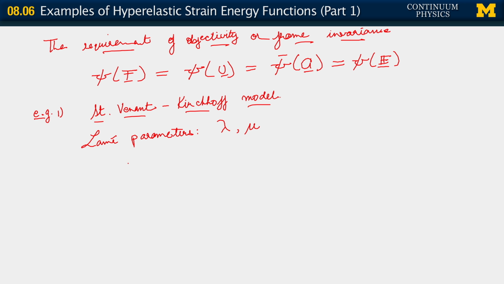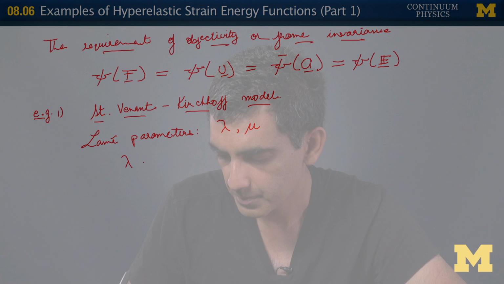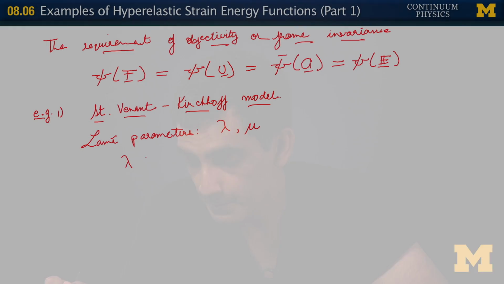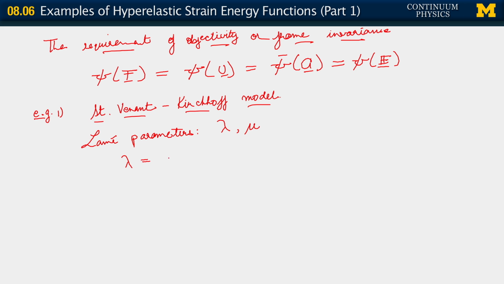Both these parameters can be rewritten in terms of elastic constants that are more familiar from the study of linear elasticity, elasticity with small strains. Those two parameters from linear elasticity are the Young's modulus and Poisson ratio.